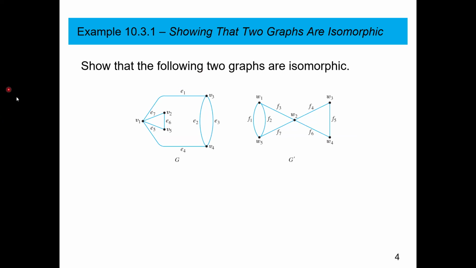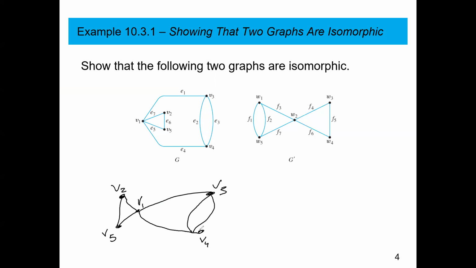So if I took this and just redid it, so I have V's over on the left-hand side, I'm just going to write the vertices. This is V1, this would be V2, this would be V5, this would be V3, and this would be V4.